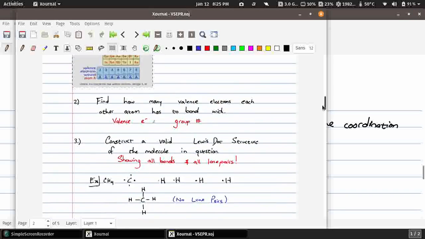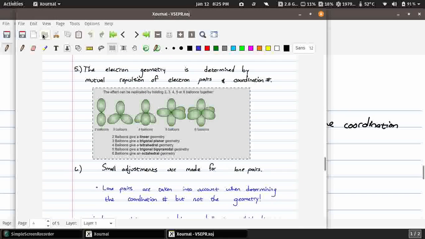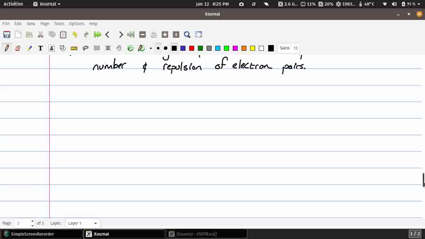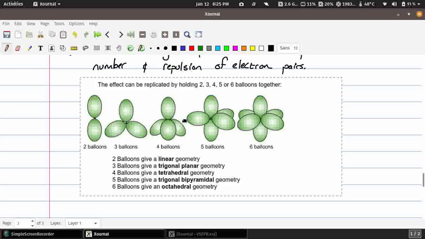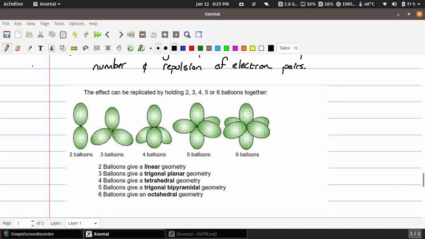And what that would kind of look like is balloons. Like if you blew a bunch of balloons up and then, for whatever reason, held them in the center, these are the types of geometric shapes they're going to make.